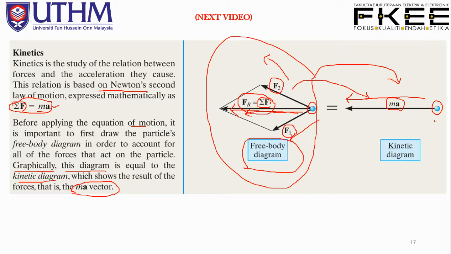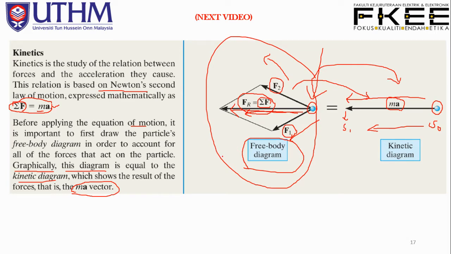Then we have the displacement, for example, at S0, the initial location, and up to this point, S1, for example. So this is the displacement, which is caused by the force applied to the particle, right?